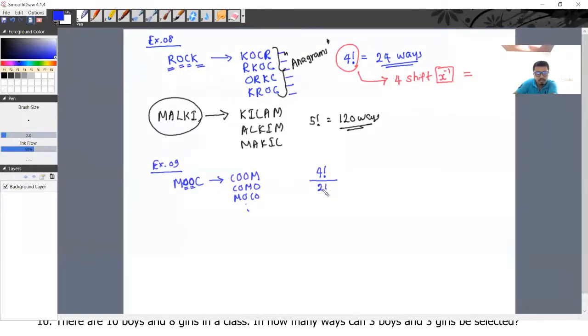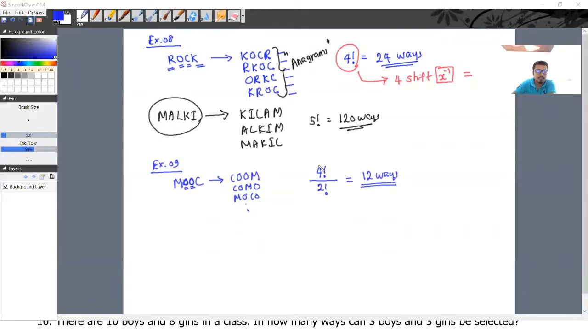Because letter O is there 2 times. So what should be the answer? 4 factorial divided by 2 factorial should be 12 ways.